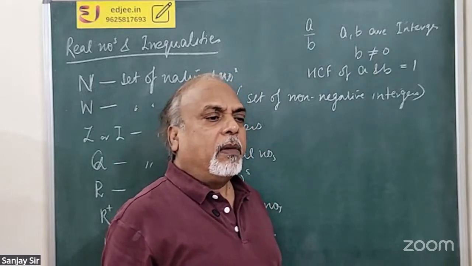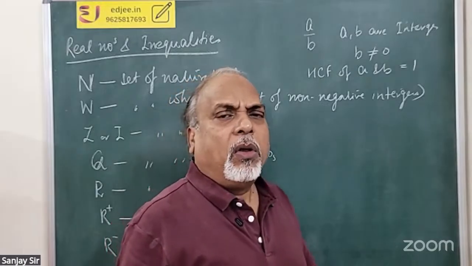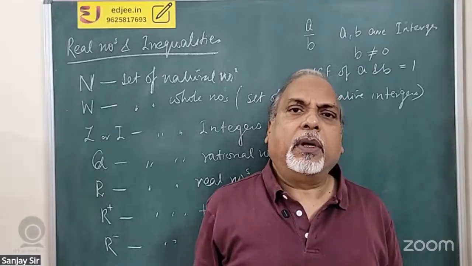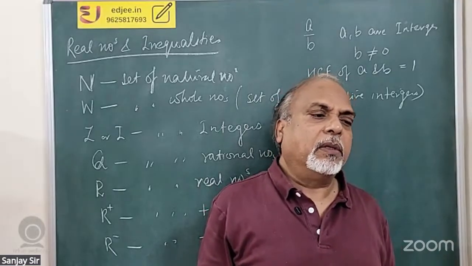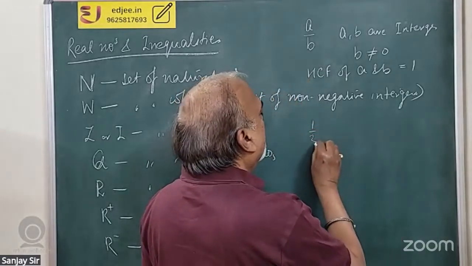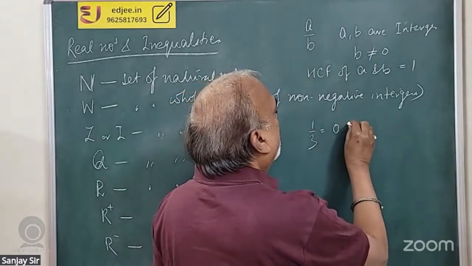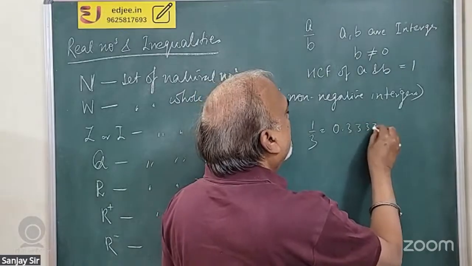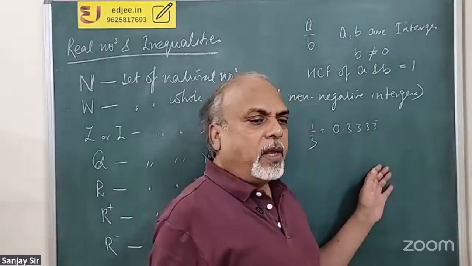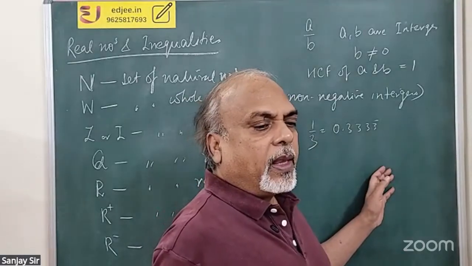Then we know what are recurring decimal numbers. They are all rational numbers like 1 by 3, 0.3333. It goes like this. It is a recurring decimal number. It's a rational number. Correct?